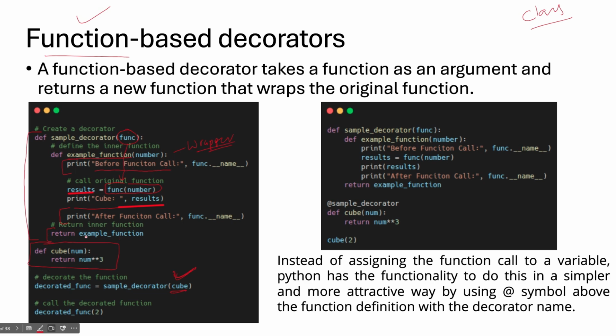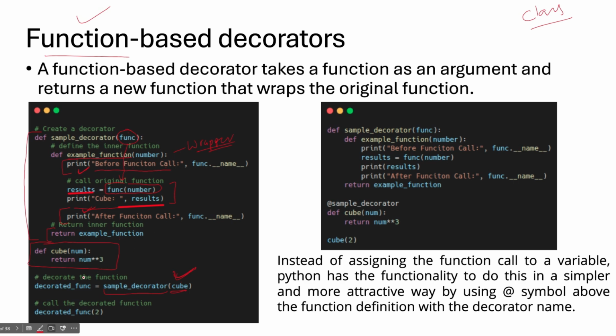So what will happen is, whenever you call this decorator with this method, it will take this function inside, execute these things before and after, and in between it executes this.